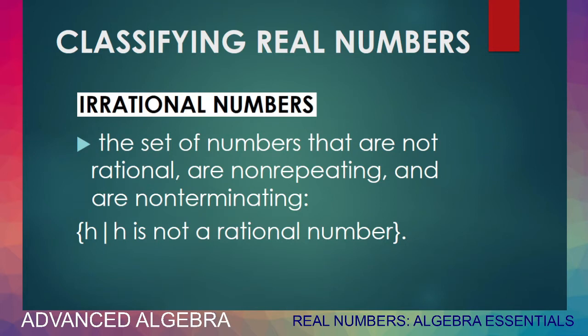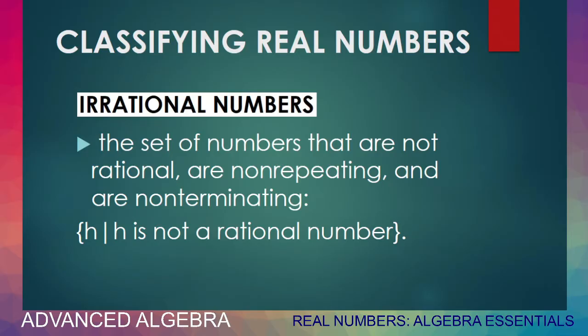Okay, next. Tumungo tayo sa irrational numbers. So the set of numbers that are not rational, are non-repeating, and are non-terminating. So ibig sabihin, yung irrational numbers natin, hindi siya umuulit sa decimal kapag kinonvert natin sa decimal yung fraction. Then, hindi din terminating.